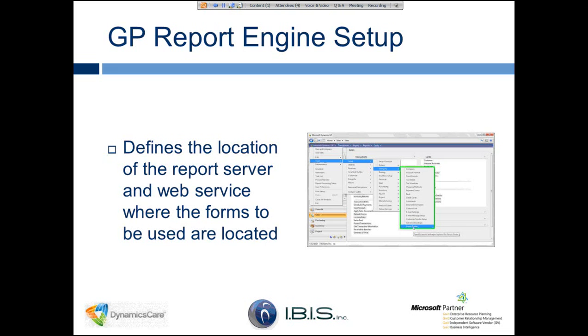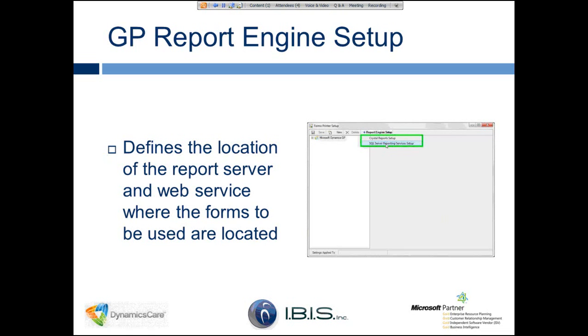So when we go through and click Forms Printer, it will open the Forms Printer Setup window, which is what we're looking at here. And you see it doesn't have anything set up yet. We will go in later on and direct it to different forms that we want to use. So right now, since we are setting up the report engine, there's just a drop-down at the top of this window, Report Engine Setup.